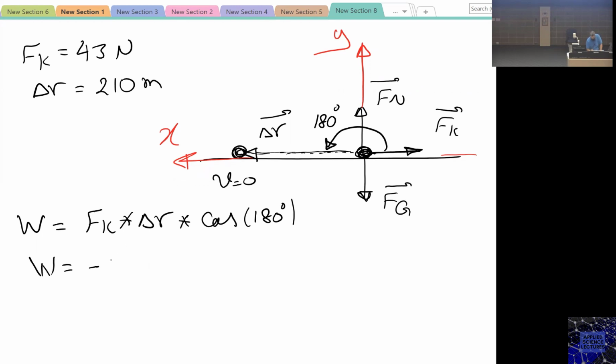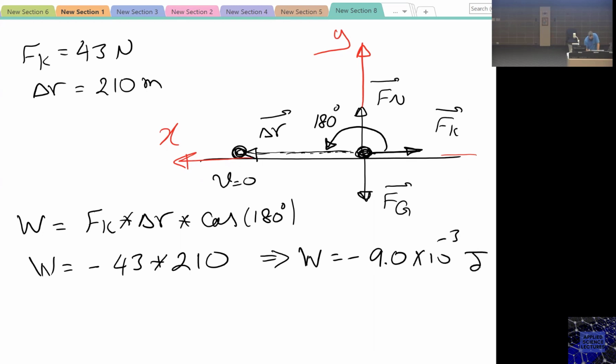Minus 43 times 210, and the work is minus 9.01 times 10 to the power 3 joules.